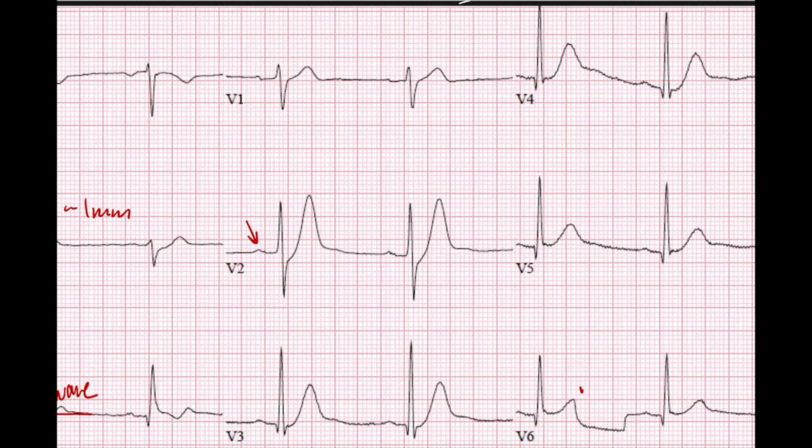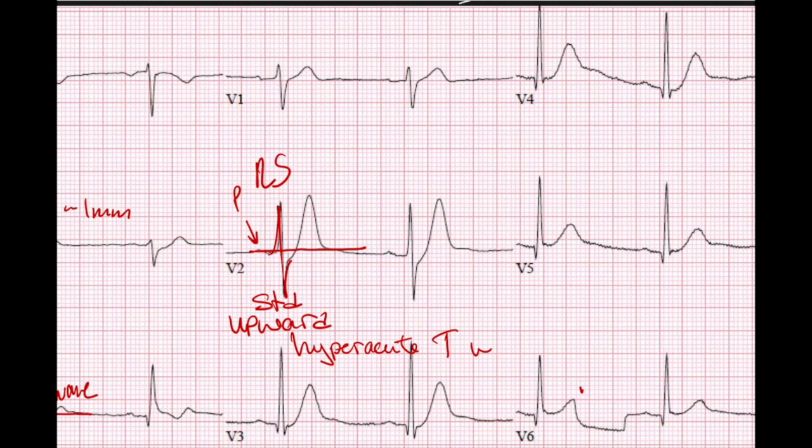V2, we have this upright P wave. We have this almost isoelectric RS complex. But notice we definitely have some ST depression. It's upward. And this kind of looks a little bit like a hyperacute T wave.